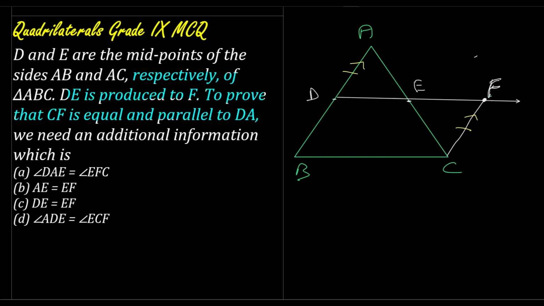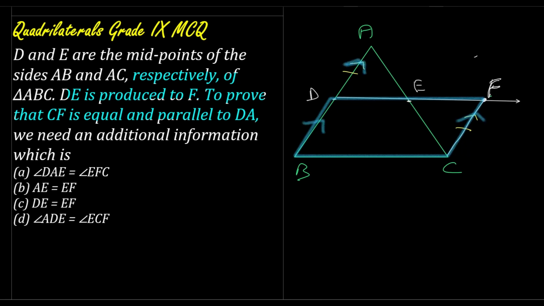So one thing is clear that we need to prove this figure a parallelogram. This part only, right? Why should I say that this is a parallelogram? Because if I prove this figure a parallelogram, then I can say that this will be parallel to this, which implies that parts of parallel lines are parallel.